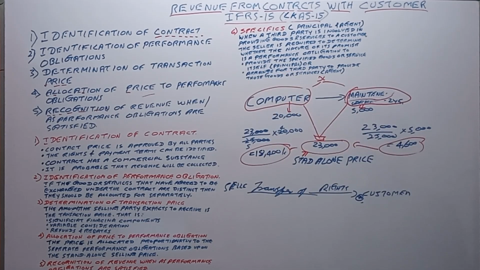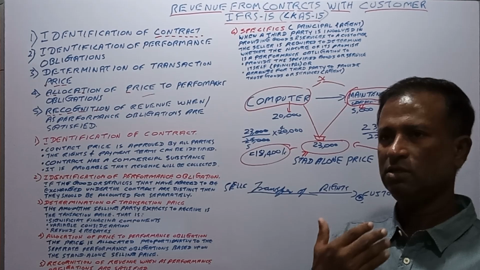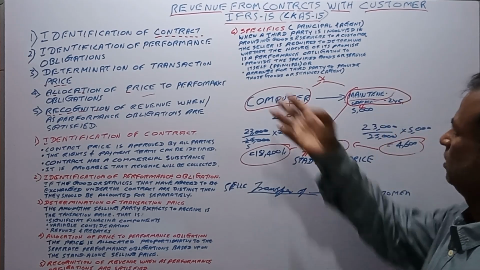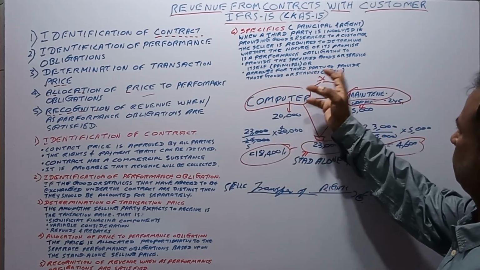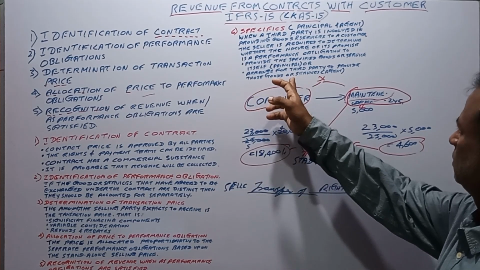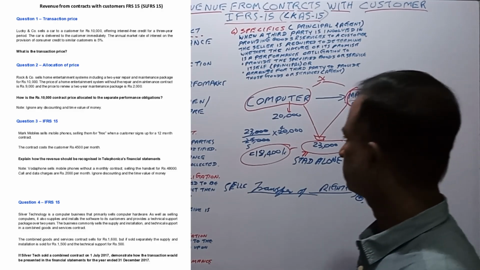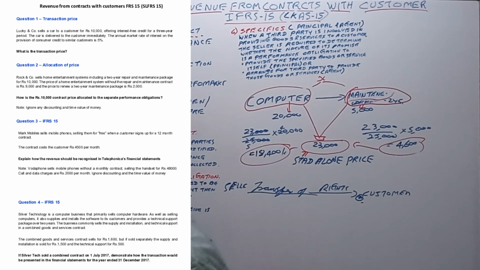That means principal: if you yourself provide the services, you are the principal. If you arrange for a third party to provide the goods or services, you are an agent.